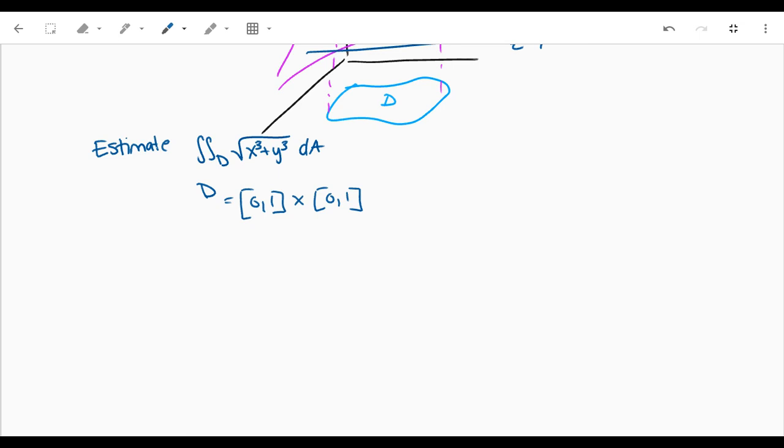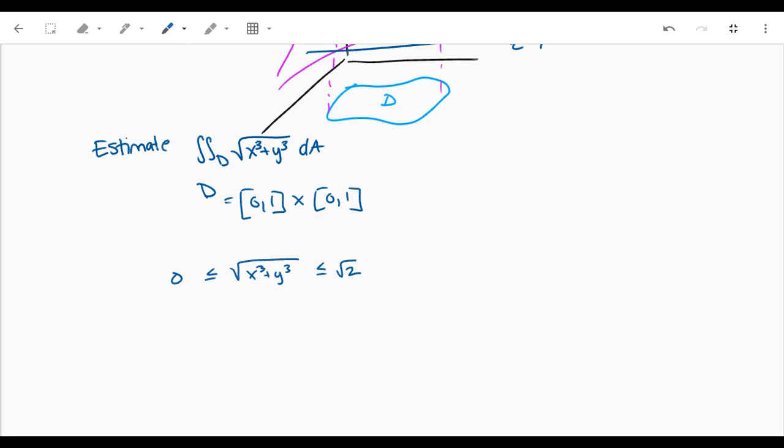Well, this function over that domain is between 0 and square root of 2, right? 0 would be the smallest it could be. Square root of 2 would be the biggest it could be.